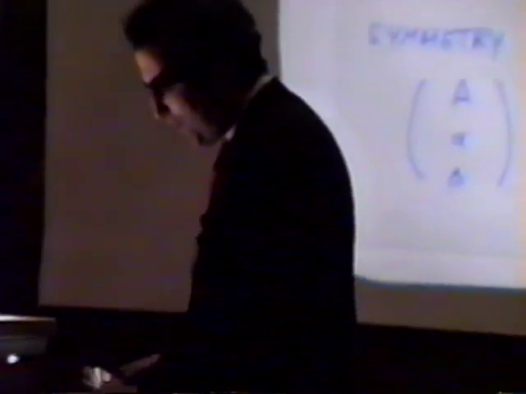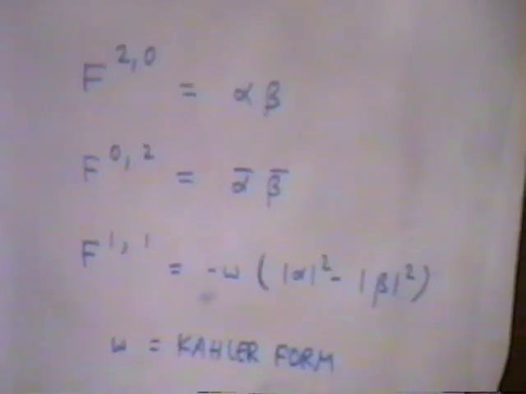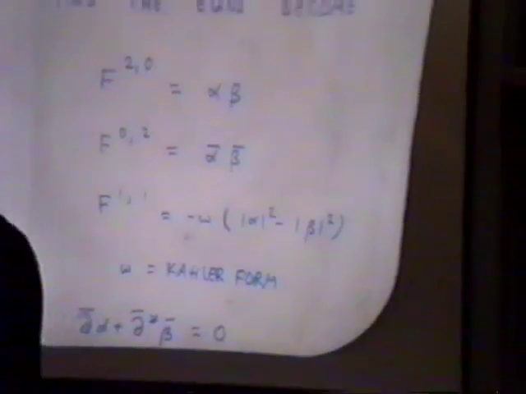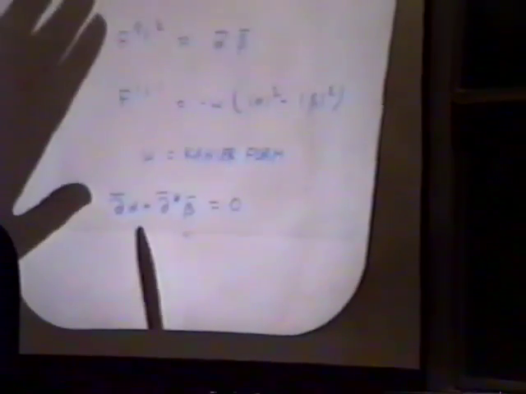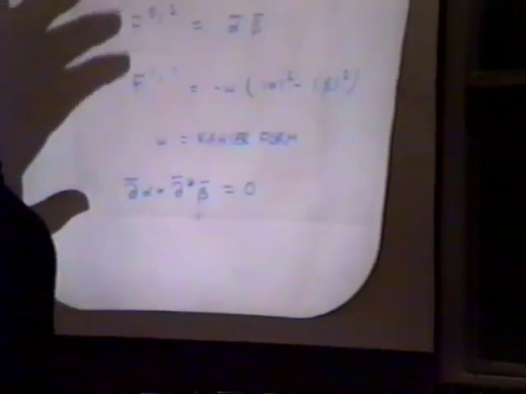Well, if we write out what the equations are, you'll see why that's useful. On a Kähler manifold, we decompose the curvature in pieces of definite Hodge type. And then we decompose the equations in this fashion into pieces of type 2,0, 0,2, and 1,1. And then there's an equation that's the Dirac equation written for Kähler manifolds.